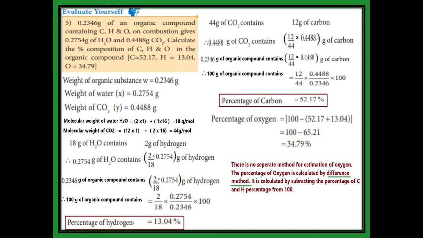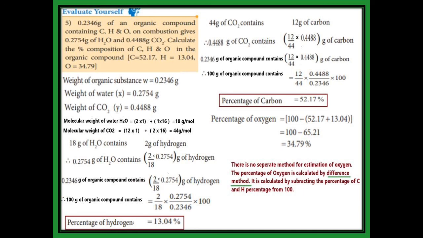For percentage purpose, 100 gram of organic compound contains 2 divided by 18 into 0.2754 divided by 0.2346 into 100. Here 0.2754 is the weight of water and 0.2346 is the weight of organic substance. After calculating we get the percentage of hydrogen as 13.04 percent.